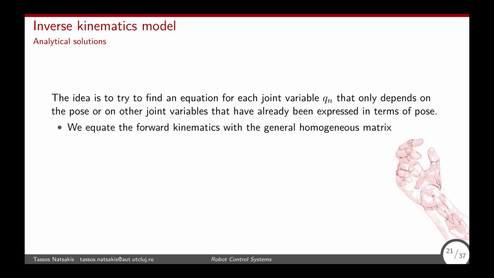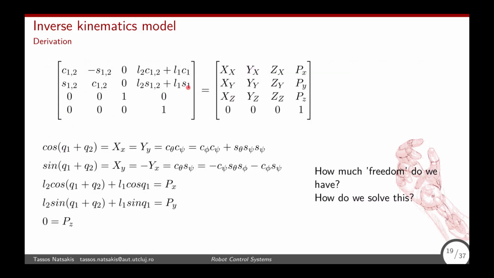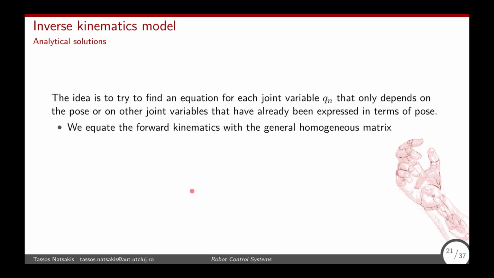We always start by equating the forward kinematics with a general homogeneous matrix. So basically this part that I showed here, right? And taking the equations for the degrees of freedom that we care about. In this case, position on x and y.